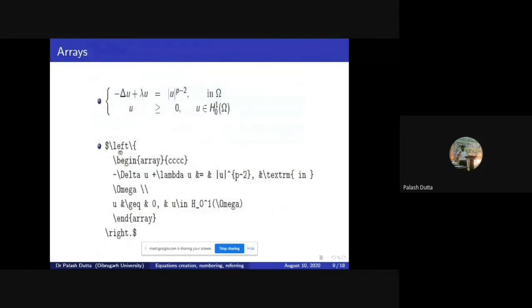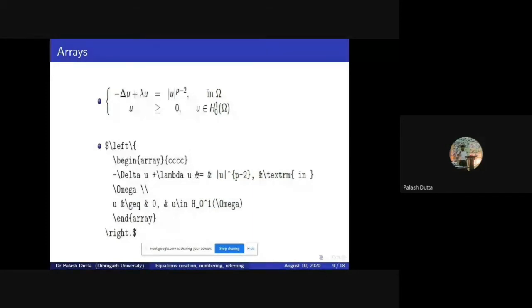And this is left. To obtain this bracket, we have to write slash left bracket, slash bracket, then begin array. We will use array matrix, right? Here in the first component, it is minus delta u plus lambda u. Then we use the n symbol.